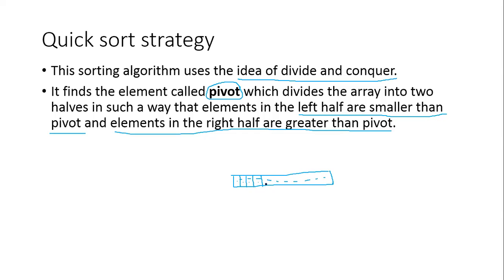Theoretically, any location can be pivot. Now, to avoid the complexity of our algorithm in some situations, we consider some special location as the pivot element location. I'm coming to that very quickly.